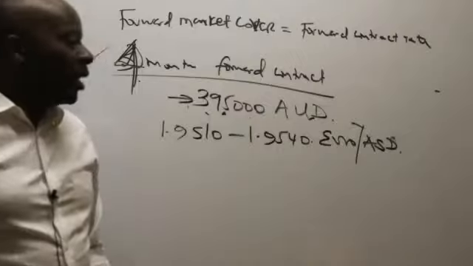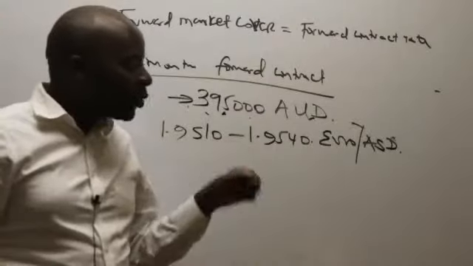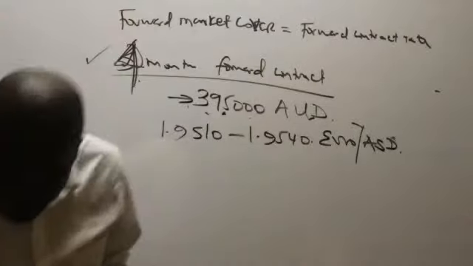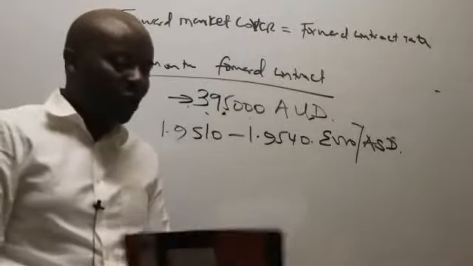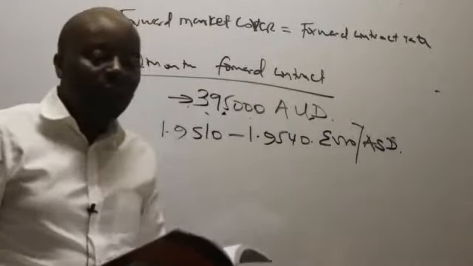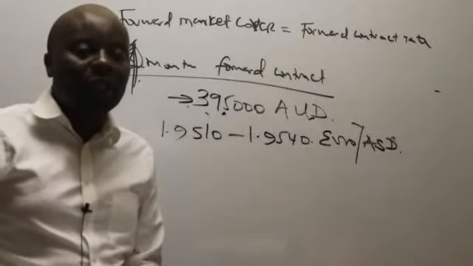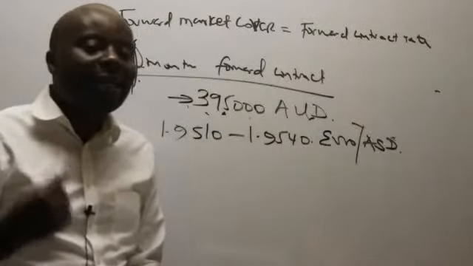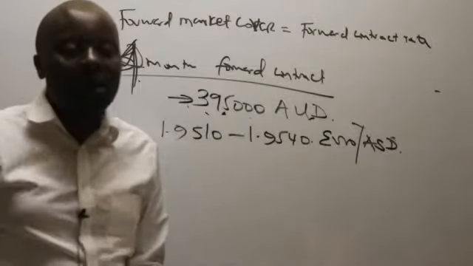So ladies and gentlemen, now tell me, remember we were told up there that Jackie Limited is based in France, where the euro is widely used. So they're telling you that this company's home currency is the euro.